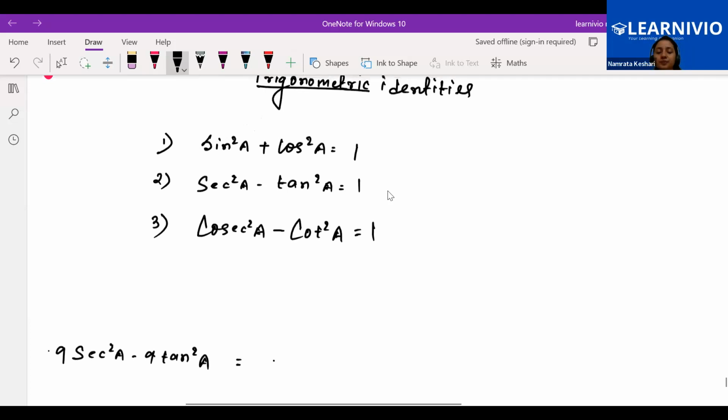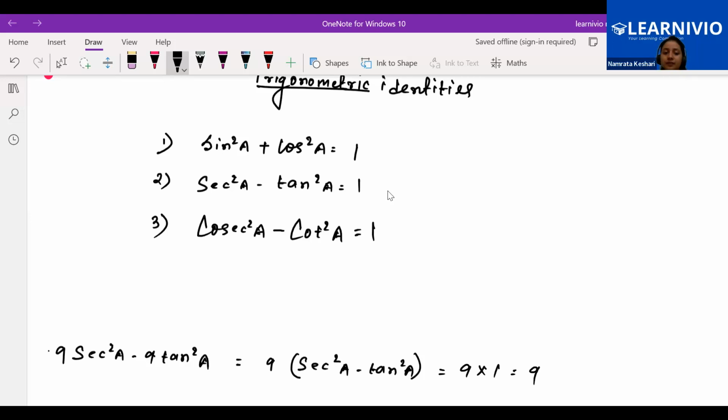Be careful. We can take out 9 common. Result will be 9, because sec square A minus tan square A is 1, and 9 multiplied with 1 is 9. Getting it?